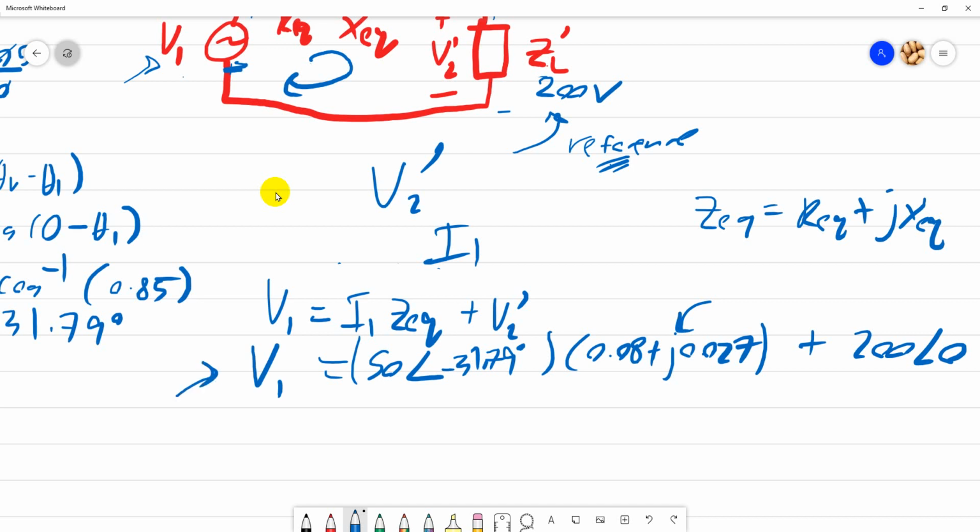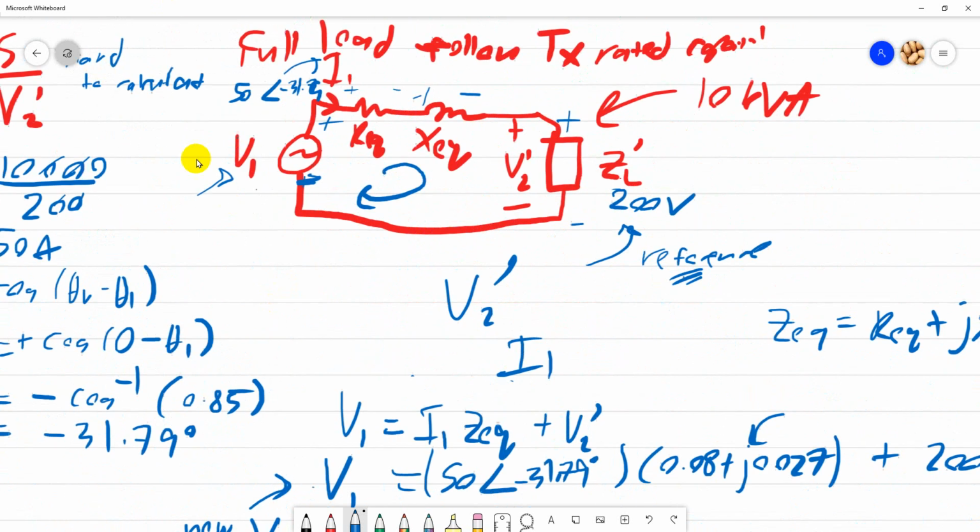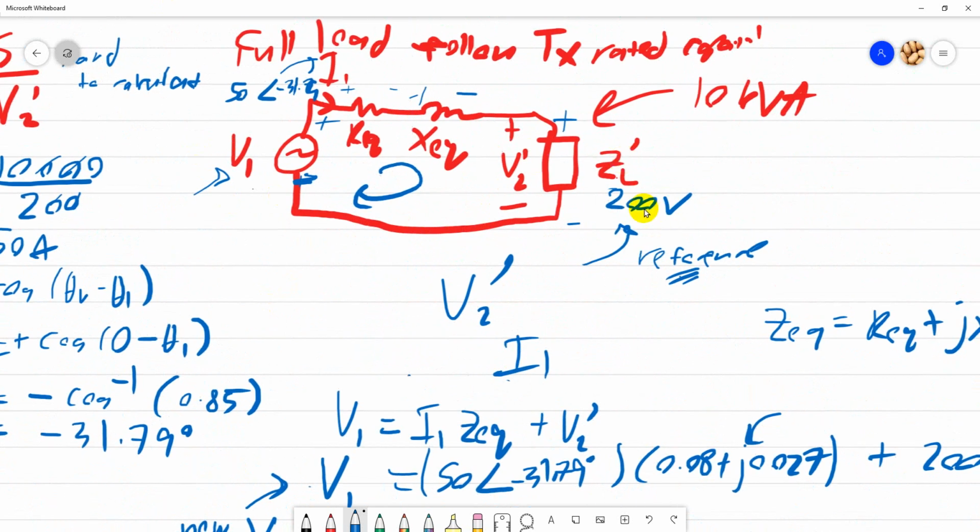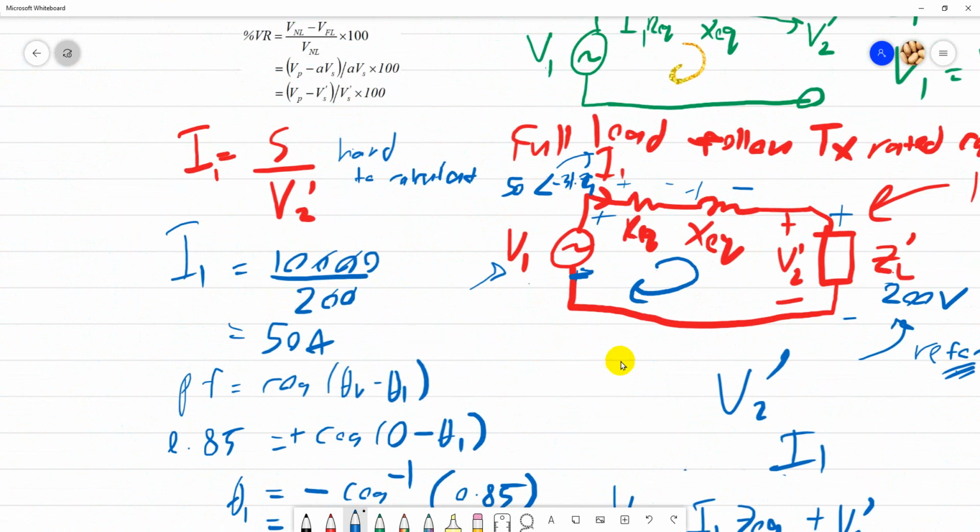And this V1 is basically the new V1. You cannot use the question, because you already assume this load has the 200 volt voltage because of this problem, because you need V2 bar.